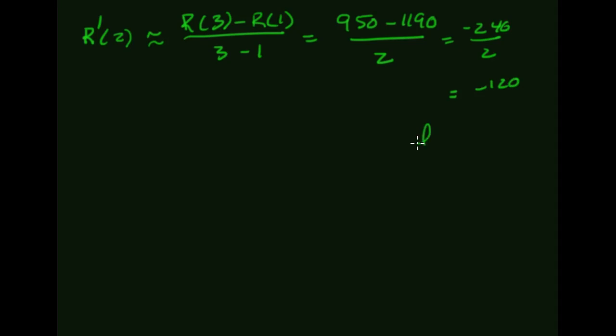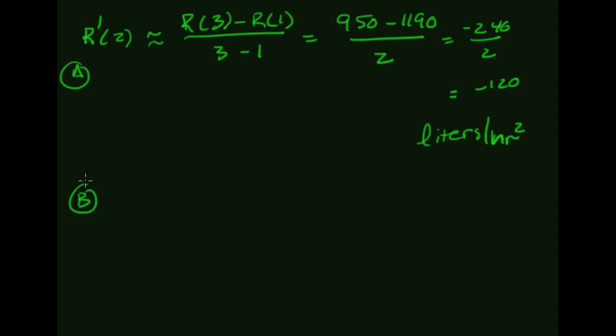Now the unit here should be liters per hour, so you can write that as liters per hour squared. Sorry, in the written form I have it as liters per hour. It should be liters per hour squared, because the R is already in liters per hour, so the R prime should be in liters per hour squared. Alright, so that's part A of the problem.